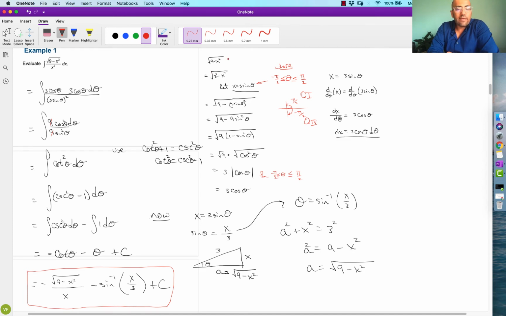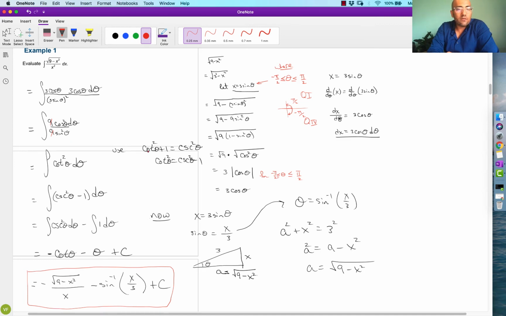When we simplify that square root, we end up with 3 cosine of theta. So that's where this comes from. This comes from the dx part of it. And then we have this other denominator part here where we have an x squared, which becomes 9 sine squared theta.